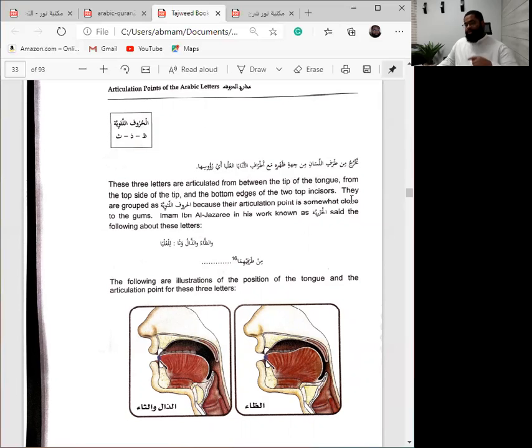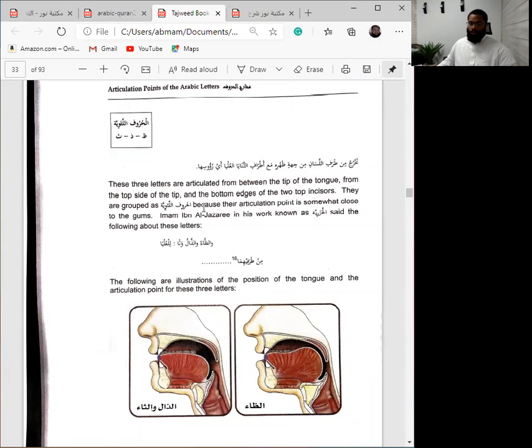The bottom incisors are not necessarily touching the tongue, but the tongue is out between the teeth. And the sound is emitted from the top, so it comes out through the top incisors and the tip of the tongue.